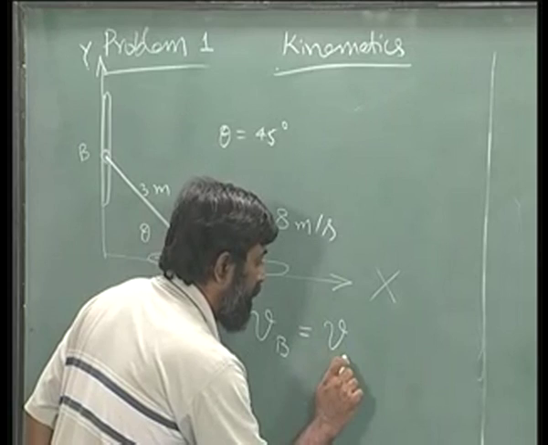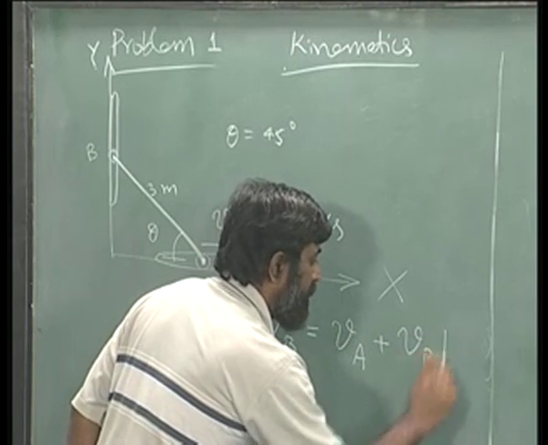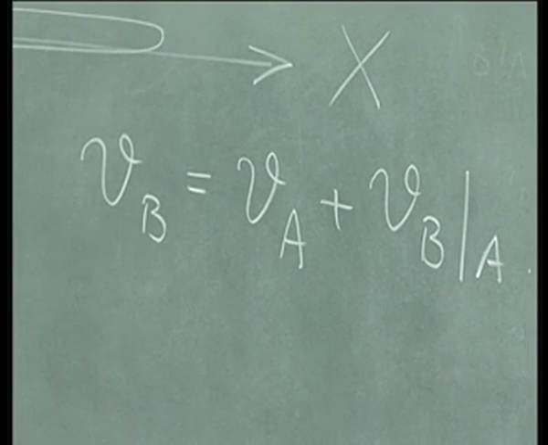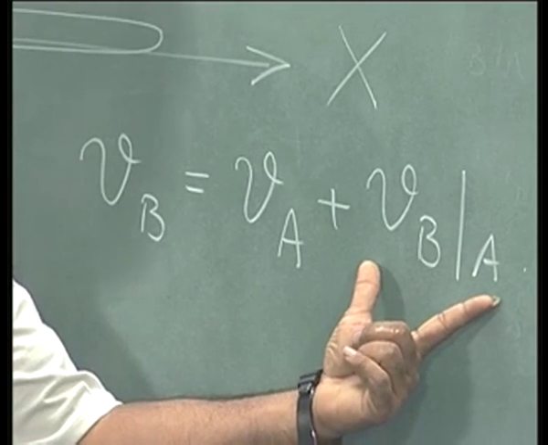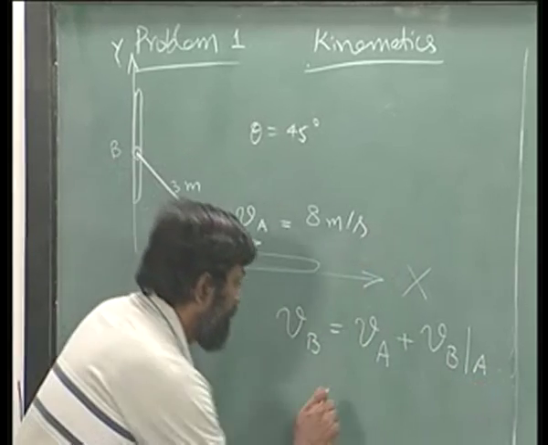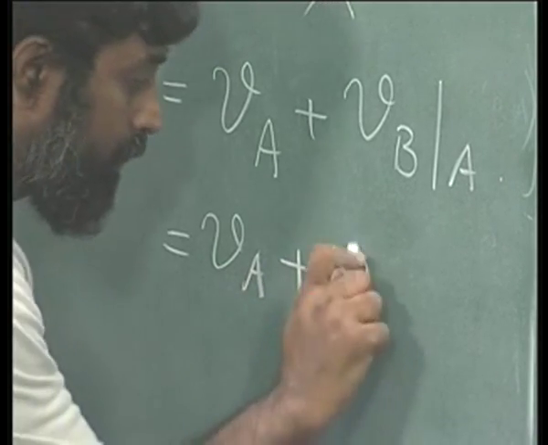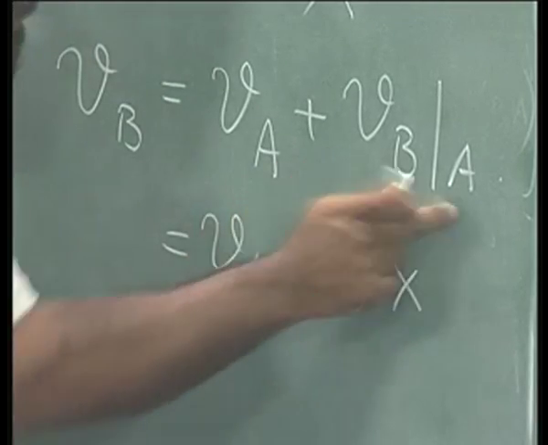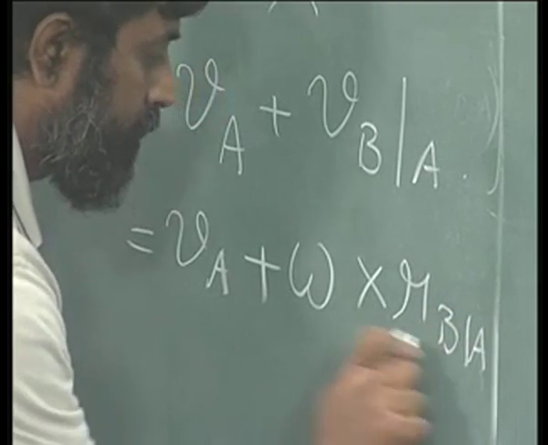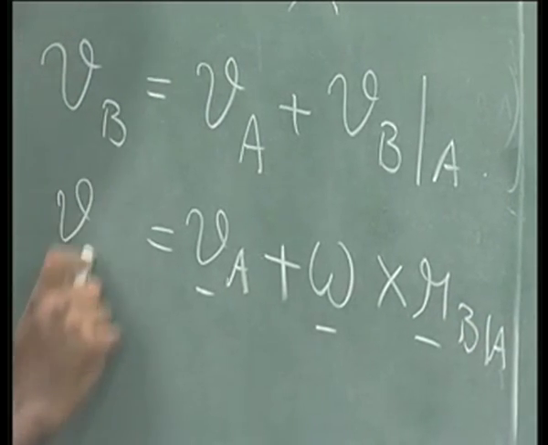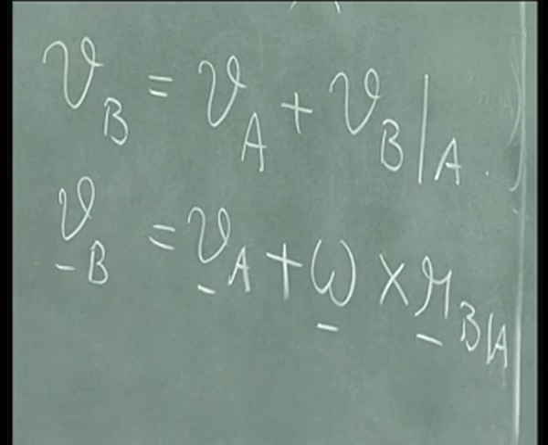So, velocity of A plus velocity of B with respect to A. And what is velocity of B with respect to A? We have already done that exercise. This is equal to Va plus omega cross R of B with respect to A. And this is the equation I have.